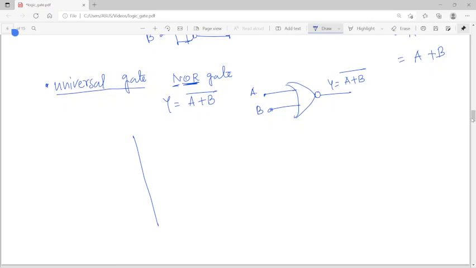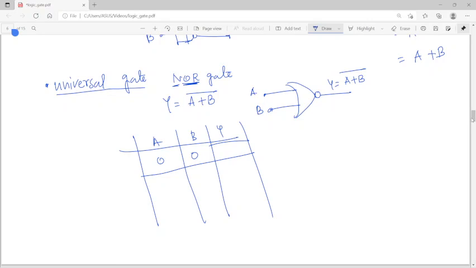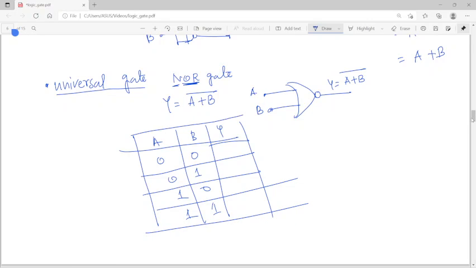So what is the truth table of the NOR gate? This is A, this is B, this is Y. The combinations are 00, 01, 10, 11. For 00, that means (0 plus 0) bar. 0 plus 0 is 0, 0 bar will give you 1.